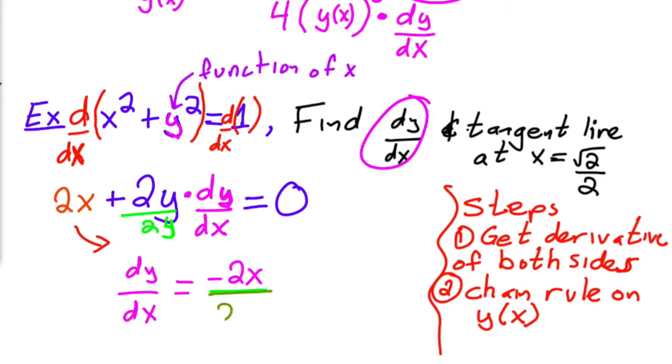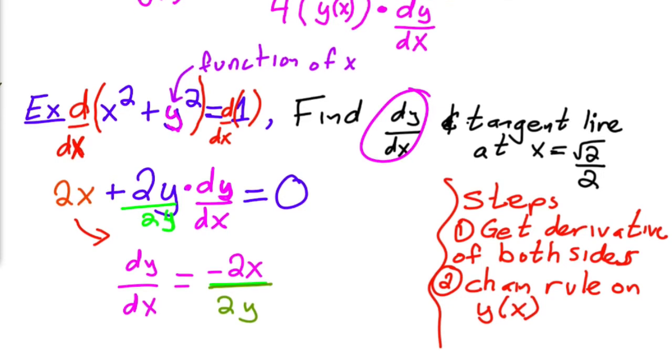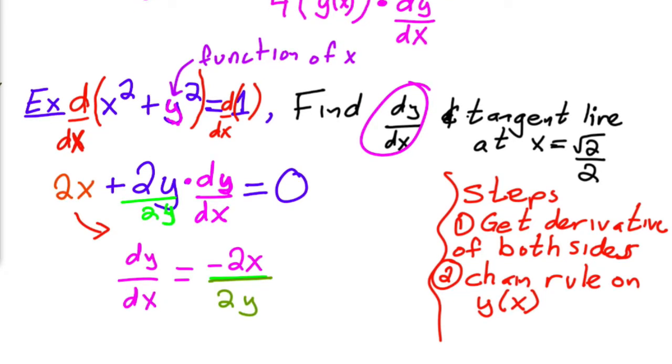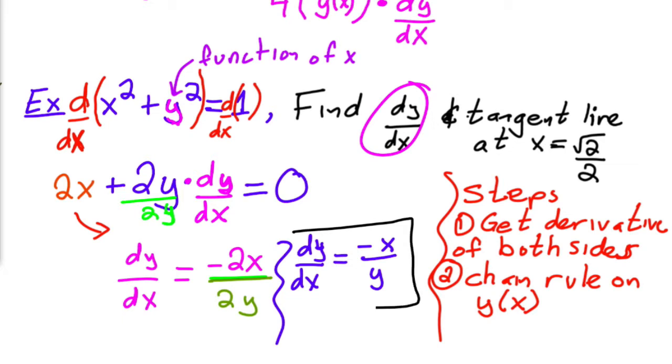And so what you get for dy over dx, the derivative of y with respect to x, is equal to negative x over y. Now notice that the formula for the derivative has both x's and y's, so that's okay. So we're done with the first part.